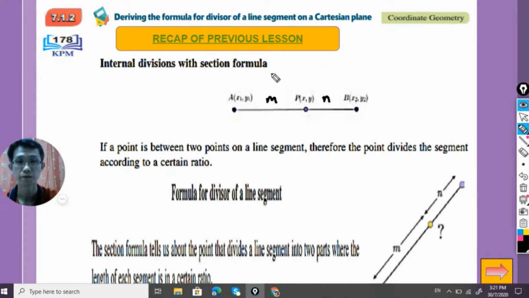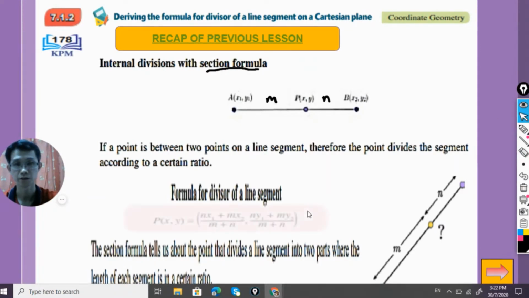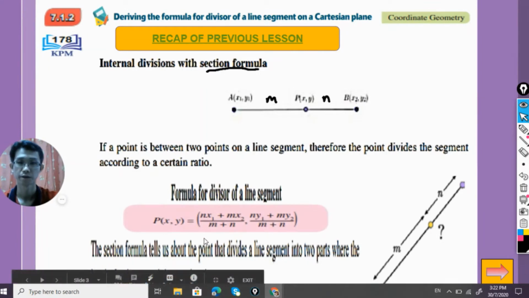This formula that relates the position of the point on the line segment is called the section formula. So the section formula is given by this equation. It tells us about the point that divides the line segment into two parts with a certain ratio.